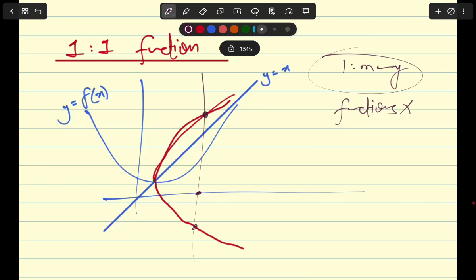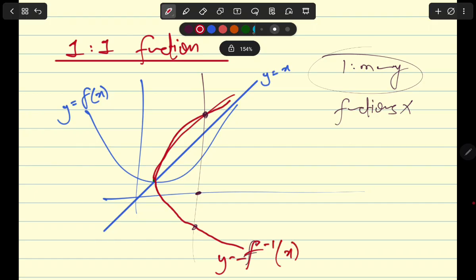However, when we say one-to-one, that means we can specify the domain of the actual function. So let's say this is y equals f inverse of x.